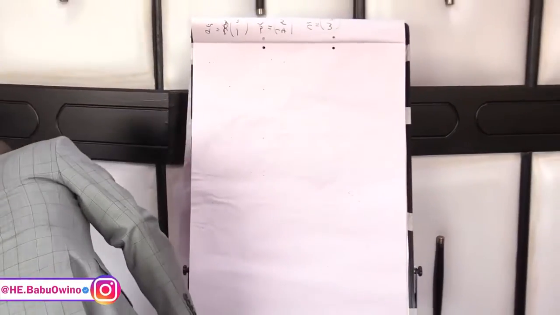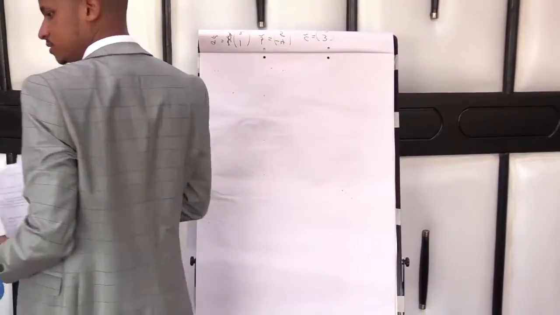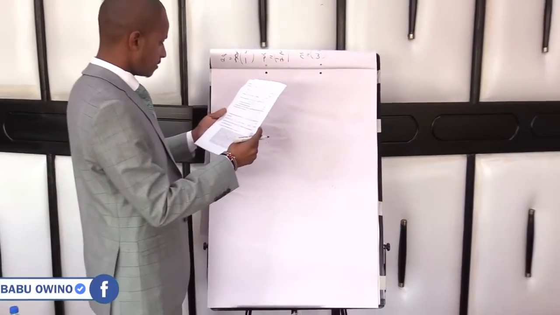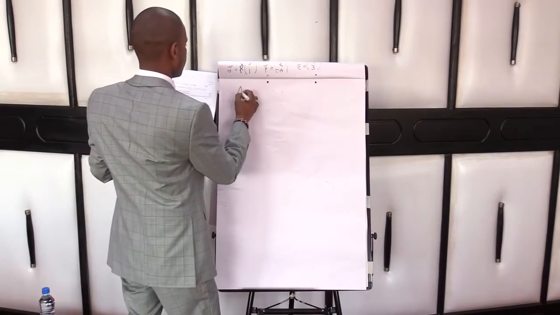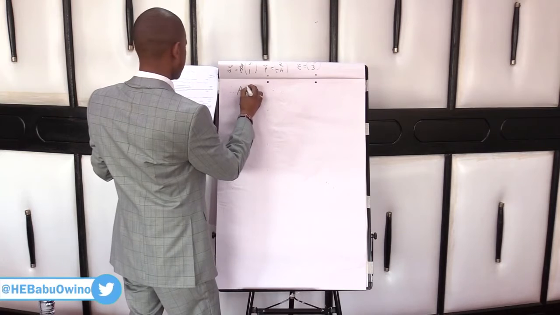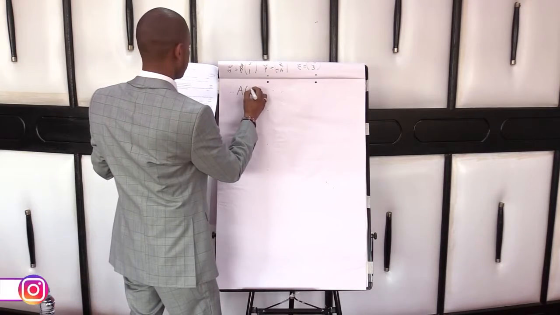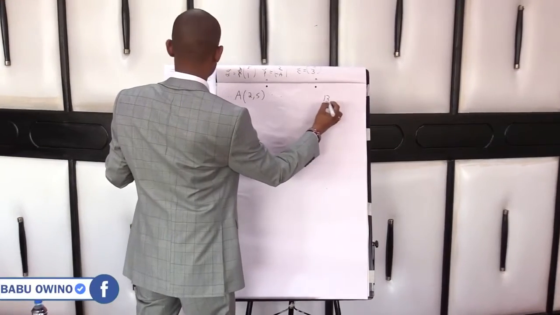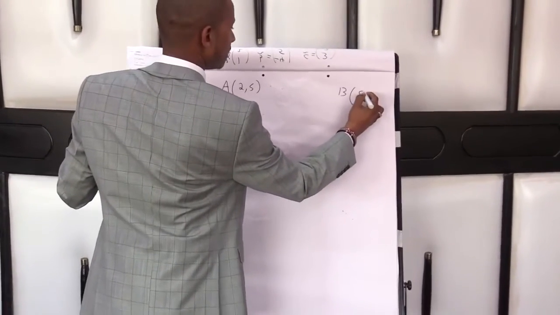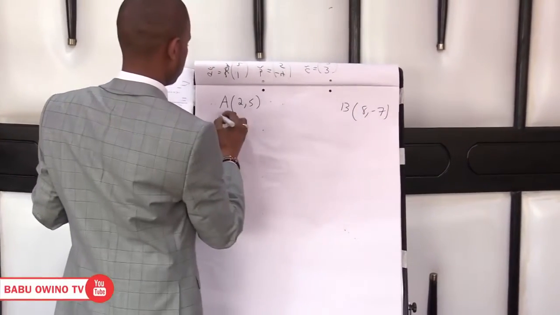So another question. The position vectors AB, where A is given by, the position vector in coordinates form is 2, 5, and B is 8, minus 7.